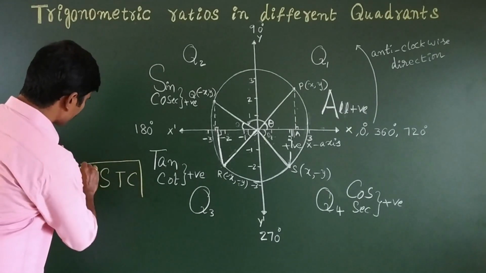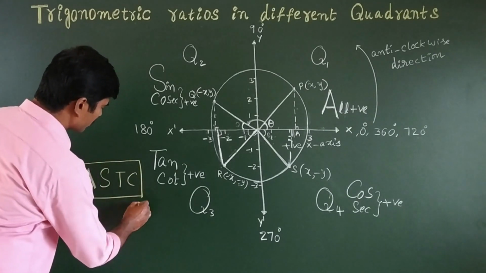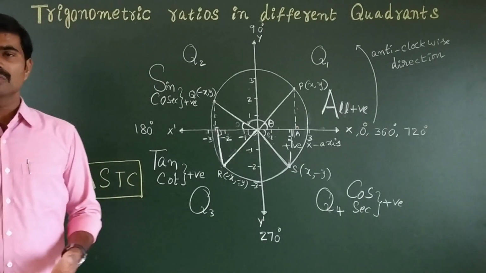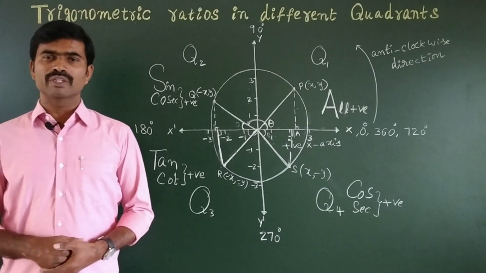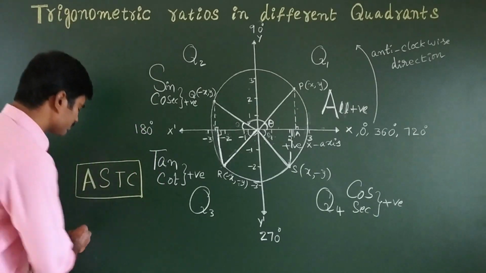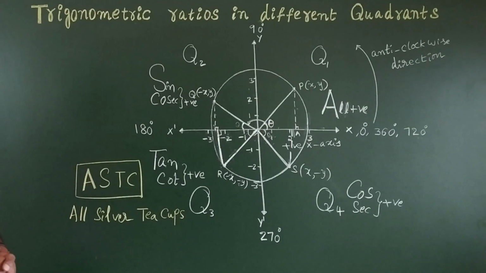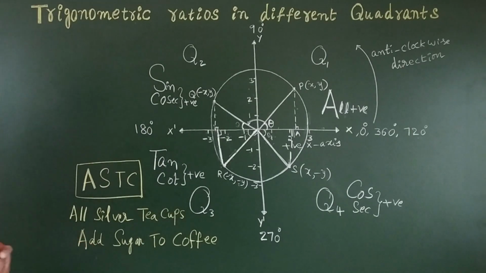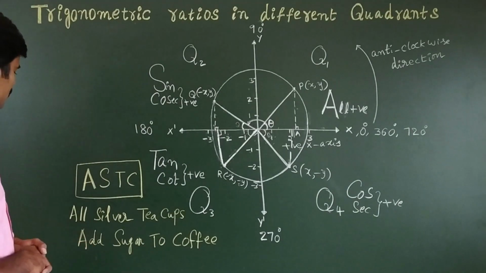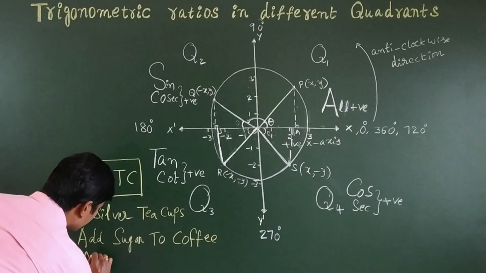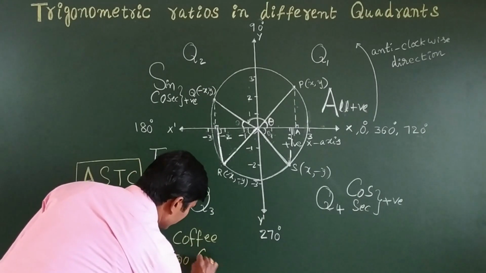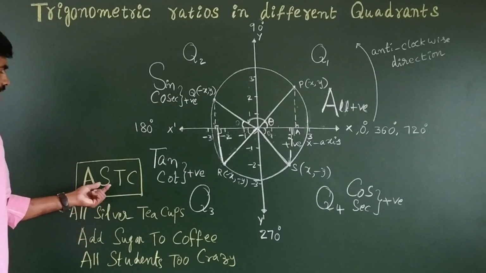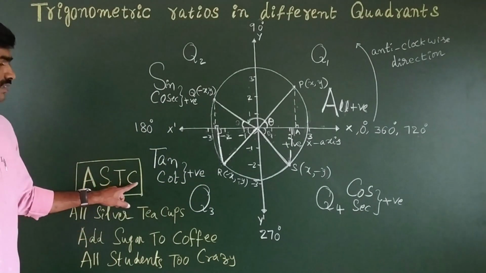ASTC means we are taking so many examples in our own way. For ASTC, we can take: all silver teacups, or add sugar to coffee, and all students too crazy, or all students talk in class.